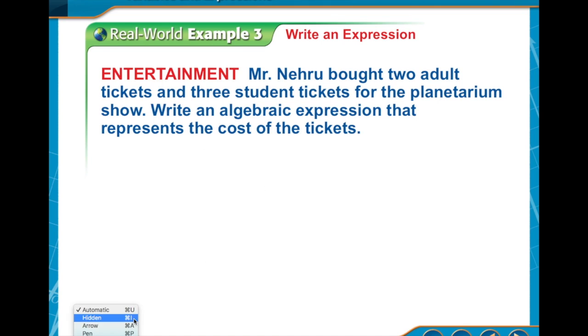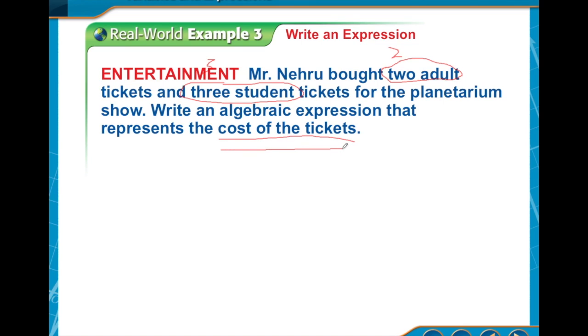So let's circle what's important. So we've got 2 adult, that's important, 2 adult, and 3 student tickets. 2 and 3 for the planetarium. Write an algebraic expression that represents the cost of the tickets. So this is what we want to find.